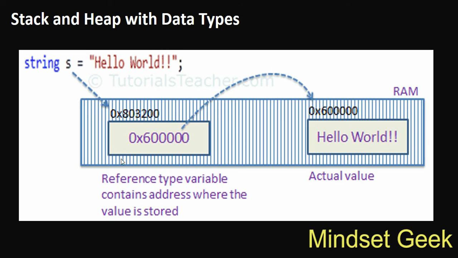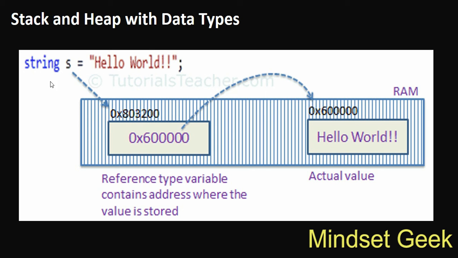In this example they use a reference type introduction. String is a reference type. If you create an object, or if you create an array, we use reference type data. In reference type, the heap memory concept comes with this.